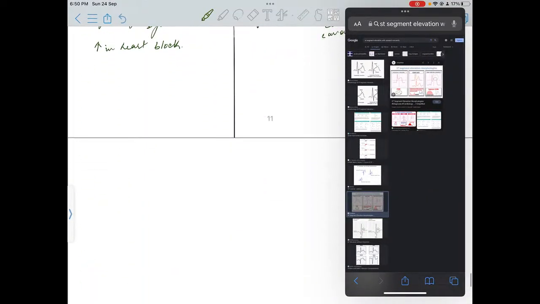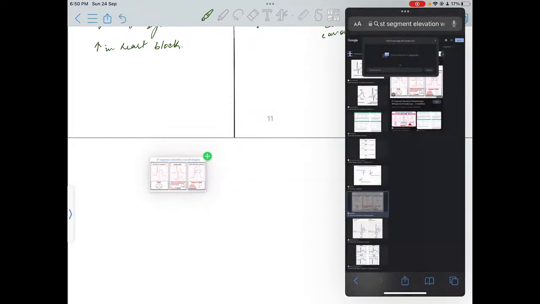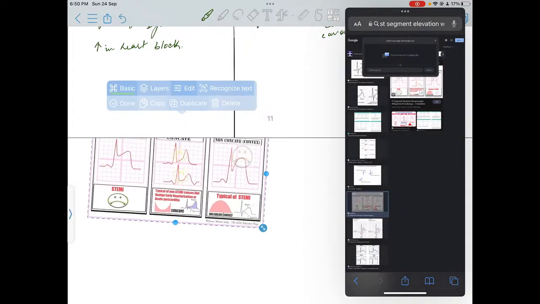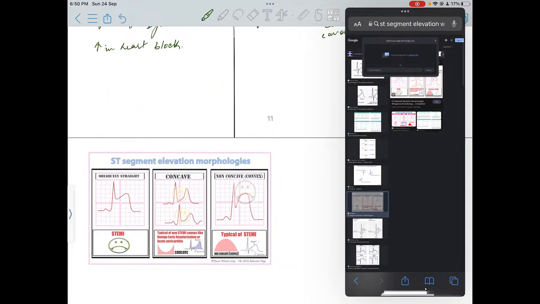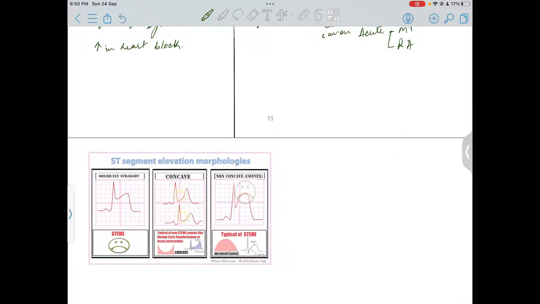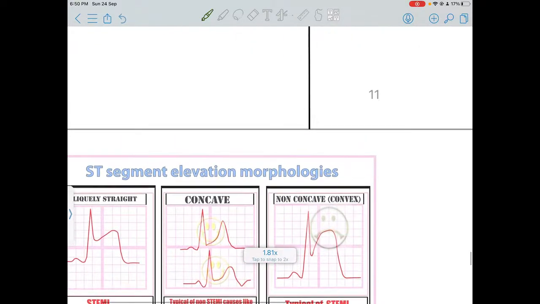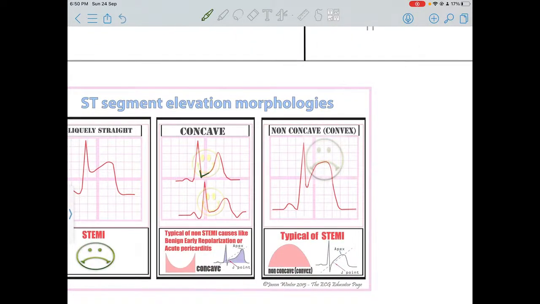Okay, so we can refer to this image. This is ST elevation, but there's a concavity here. So it could be because of acute pericarditis, right?